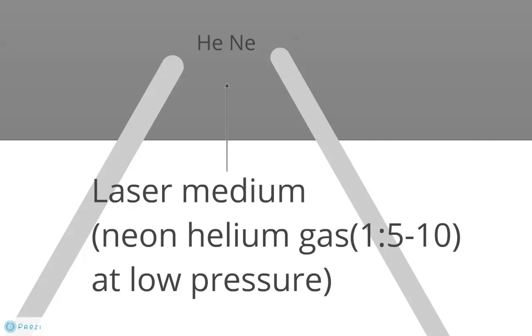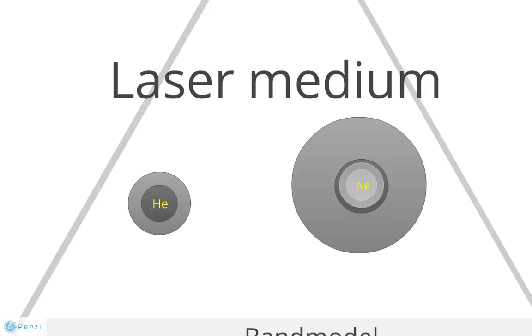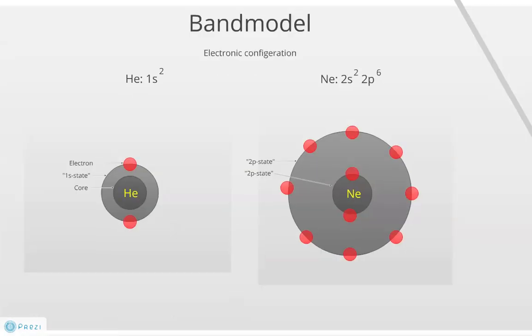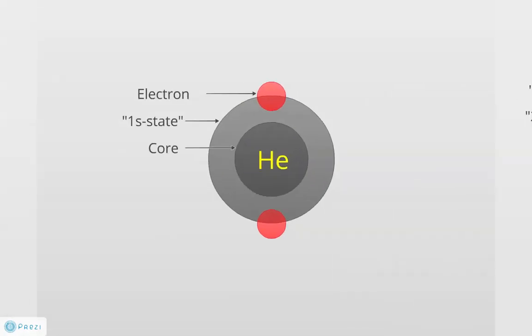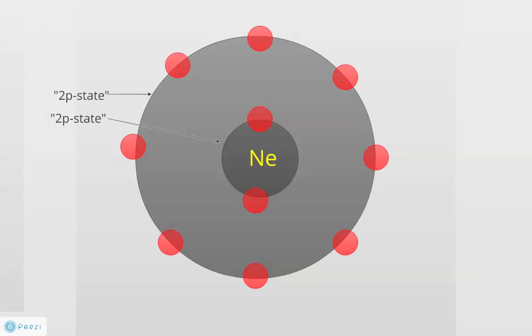To explain the pumping process necessary for the laser amplification, the band model comes in handy. Helium, in its ground state, consists of a core composed of protons and neutrons and 2 electrons in the 1s state, as shown here. Here we see the electronic configuration of neon.